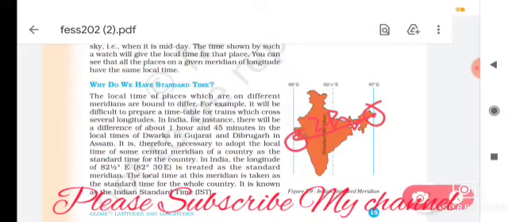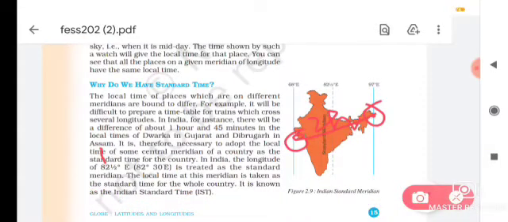That's why they use the standard meridian to solve the time problem. 82.5 degrees, or 82 degrees 30 minutes east, is treated as the standard meridian, which passes through Allahabad in UP. The local time at this meridian is taken as the standard time for the whole country.